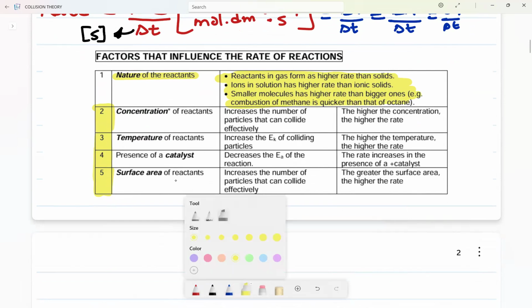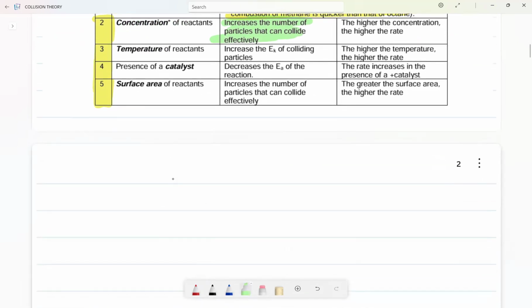So they say here for the concentration of reactants, increasing it does what? It increases the number of particles that can collide effectively. Now, if we increase the concentration, what's going to happen? We increase the number of particles that can collide. Remember, we get particles from the concentration.